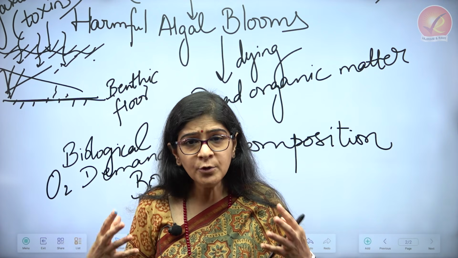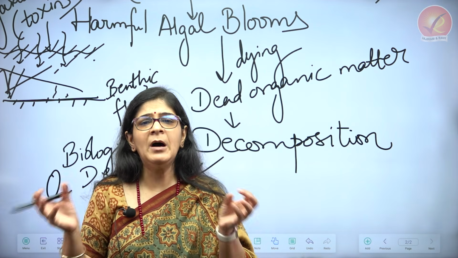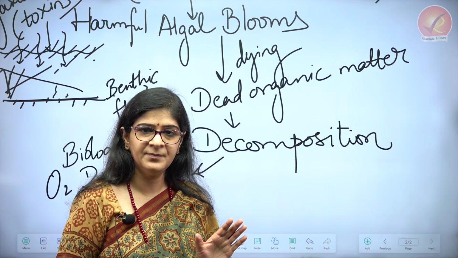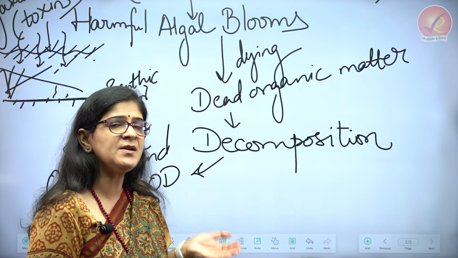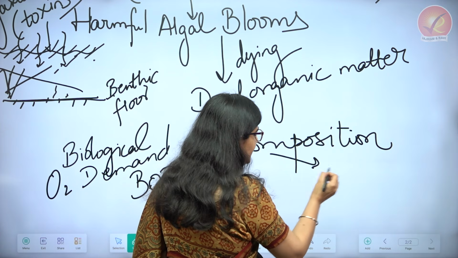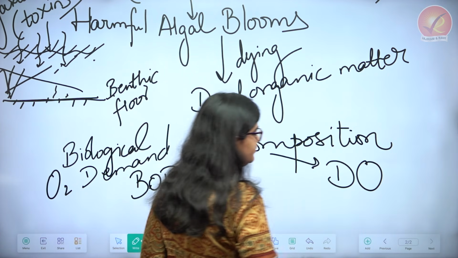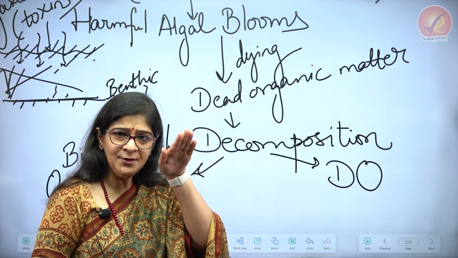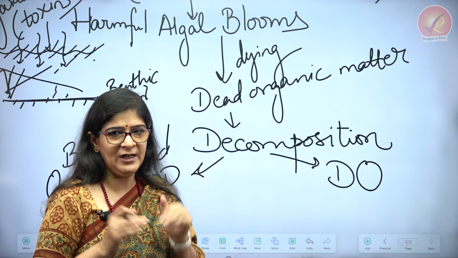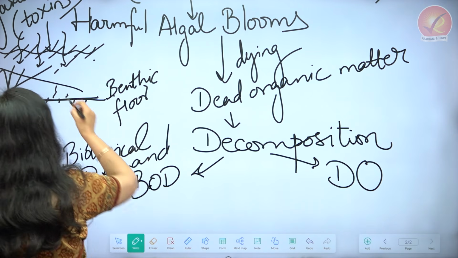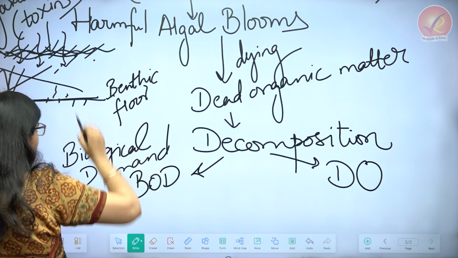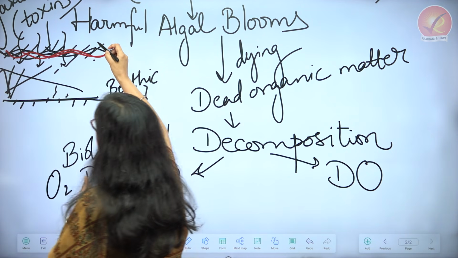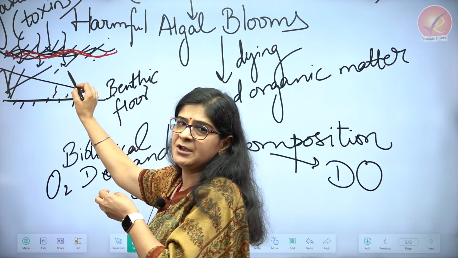But why do we have overgrowth of decomposing bacteria? Because the amount of dead organic matter is more than the average. And the oxygen which is available in the water body is dissolved oxygen. Dissolved oxygen levels had started to fall down once we had the harmful algal bloom, because please understand that once we have the harmful algal bloom floating on the surface of the water body, we can have less oxygen from the atmosphere replenishing the oxygen of this water body.